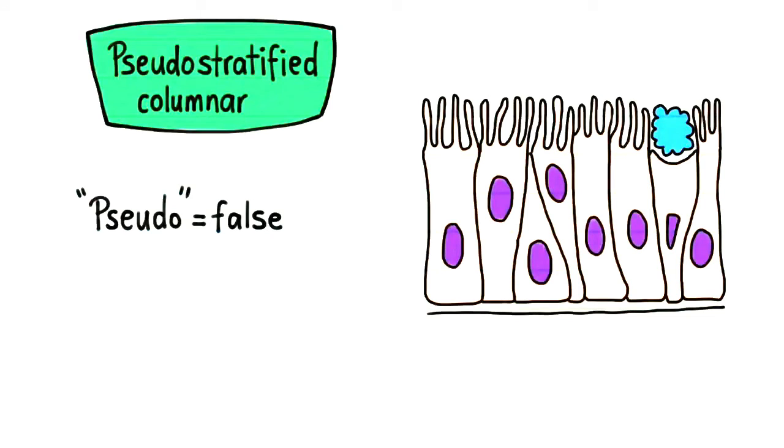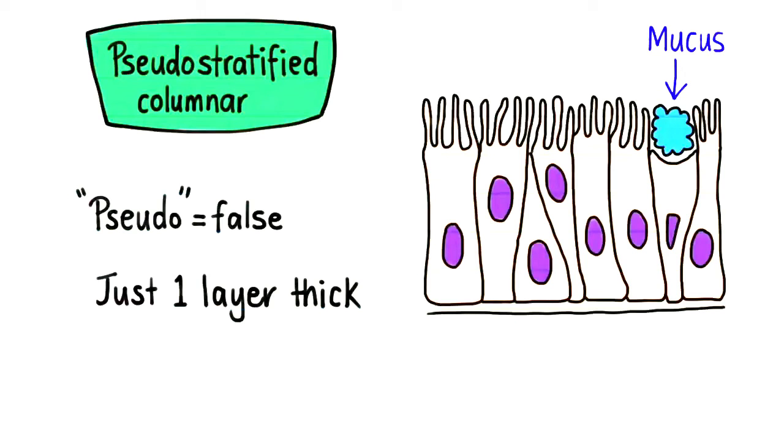Pseudo means false. The epithelium looks stratified, but it's actually not. There is only one layer of cells present because all of the cells touch the basement membrane. Pseudo-stratified columnar epithelium secretes a sticky mucus and has cilia on its surface.